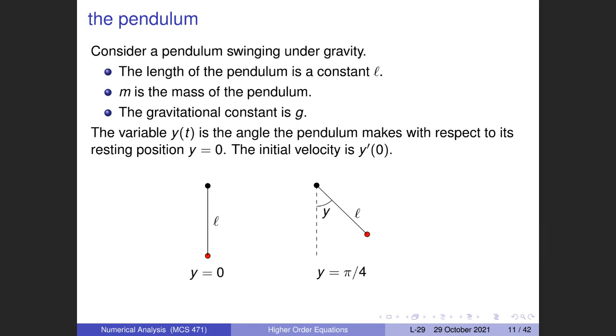So the pendulum is subject to gravity. We have two pictures on this slide. At the left, you see the pendulum at rest. Nothing is moving. At the right, we have an initial deviation from the equilibrium point.